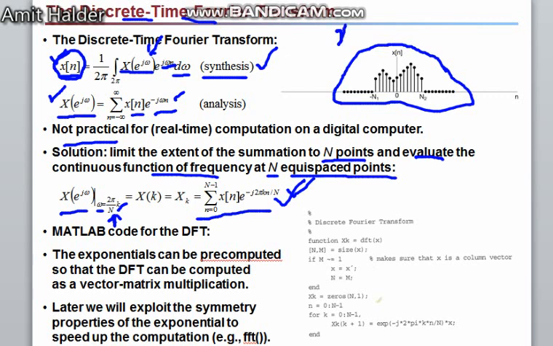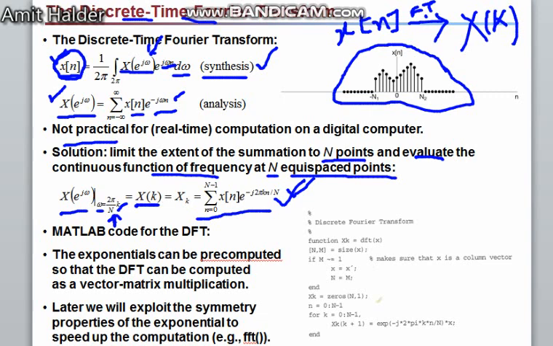So whenever you find a Fourier transform of x of n, that is the sample, it is not the normal Fourier transform, it is the DFT, related to the discrete time Fourier transform, DTFT. You will get capital X of k.